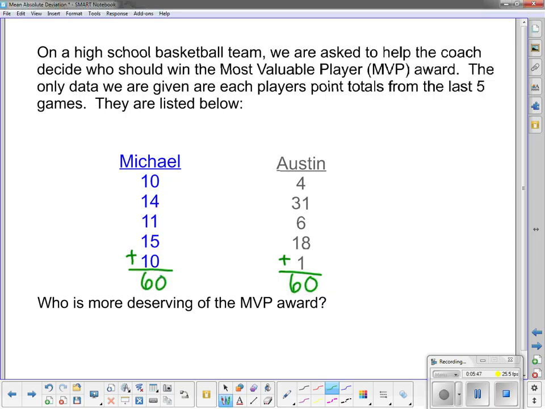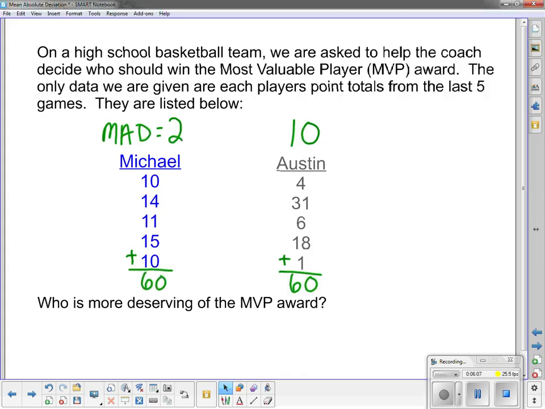So then we looked at the MAD, the mean absolute deviation. For Michael, it was 2. For Austin, it was 10. What mean absolute deviation stands for is the average distance away from the mean.